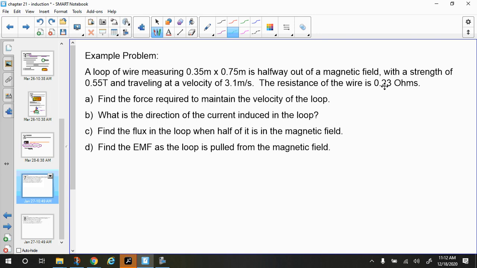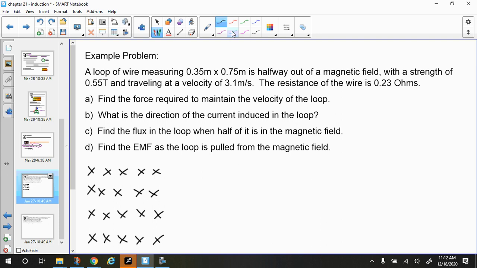So if I think about what I have going on here, let's draw a picture of it. I've got a magnetic field that is into the page. It takes me a while to draw all these X's. And let's pretend that these are evenly spaced, showing a uniform magnetic field.